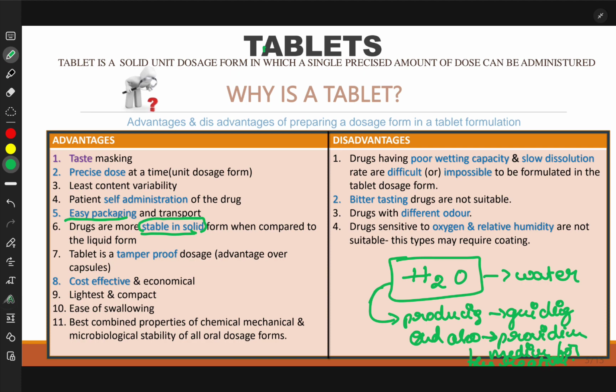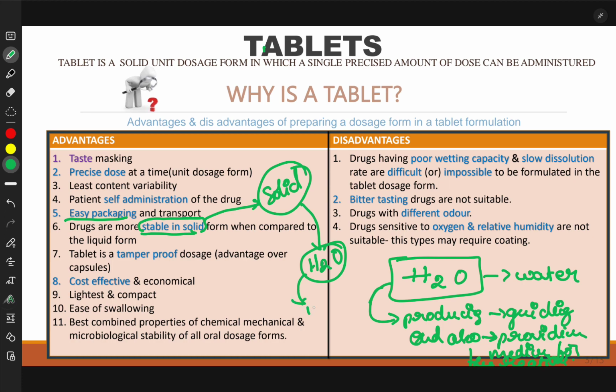So H2O is one of the major contents responsible for oxidative reactions or microbial growth, etc. Since we are preparing the solid dosage form, the H2O content is almost zero.